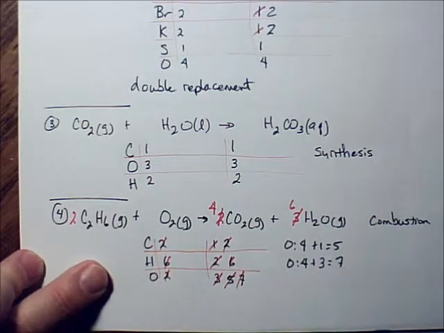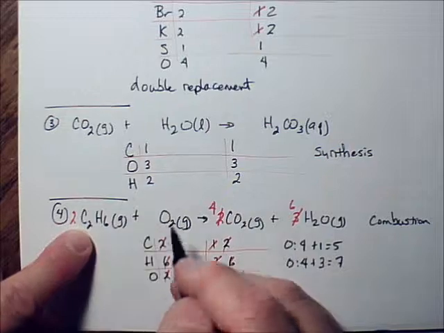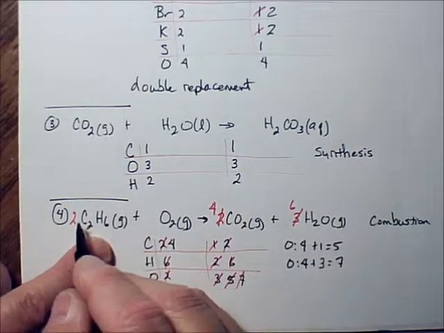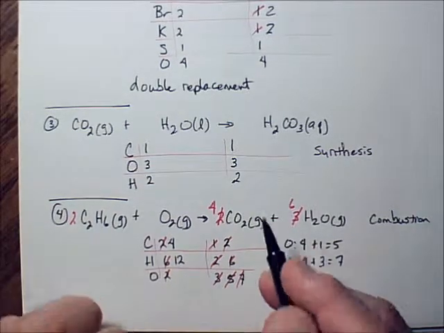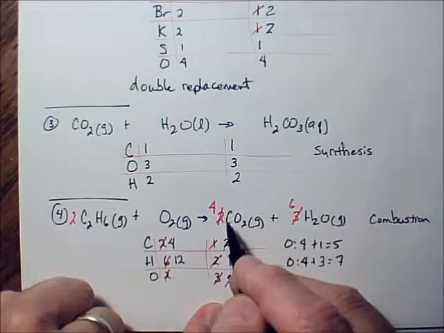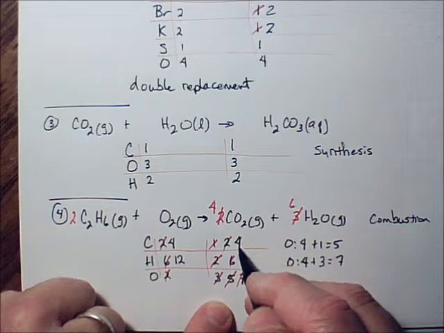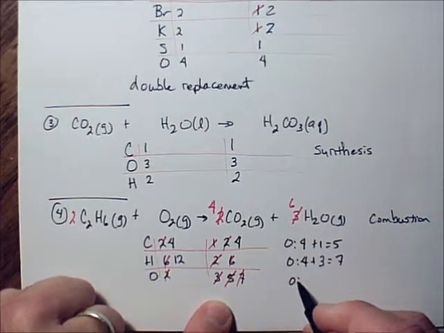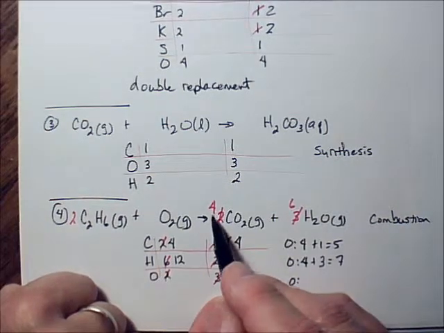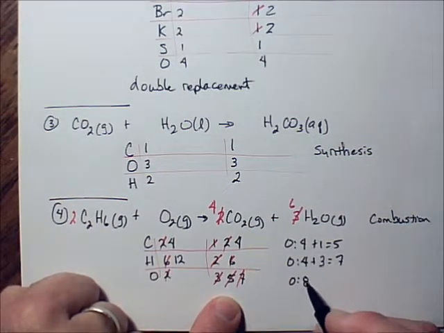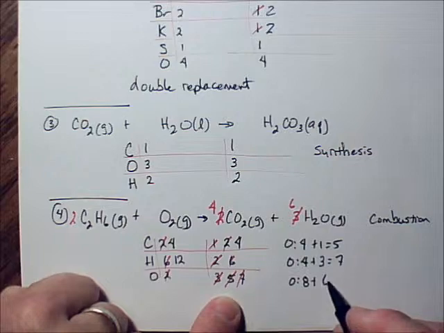Or recount everything. Alright, we've got 2 times 2, or 4 carbons. 2 times 6, 12 hydrogens, and we haven't changed the number of oxygens yet. 4 times 1 carbon gives us 4 carbons. Oxygens are a bit complex, so let's make a list of them over here, make a math problem. 4 times 2 is 8. 6 times 1 is 6.